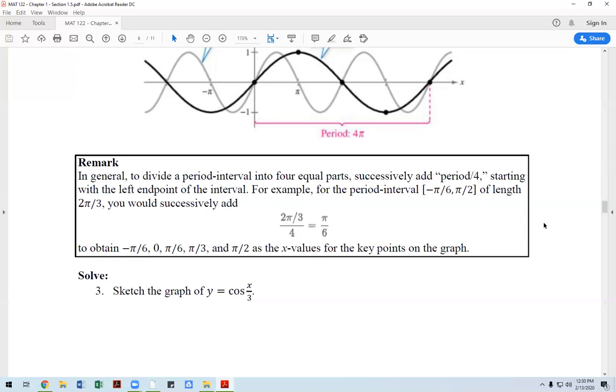Which will give you the total distance of 2 pi over 3. And then again, you're breaking it up into 4 equal parts, so that tells you what your x values are going to be. So in this case, your least x value would start at negative pi over 6, and then you would basically keep adding pi over 6 to it till you got your 5 points. And so that's something we're going to need to figure out with this graph here.